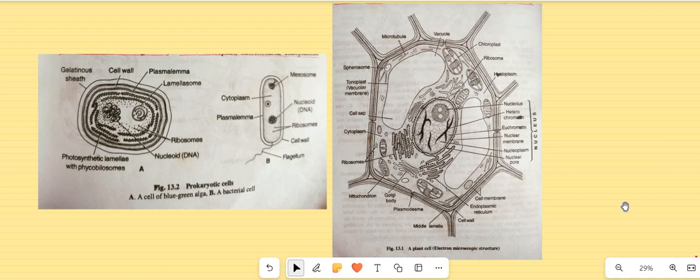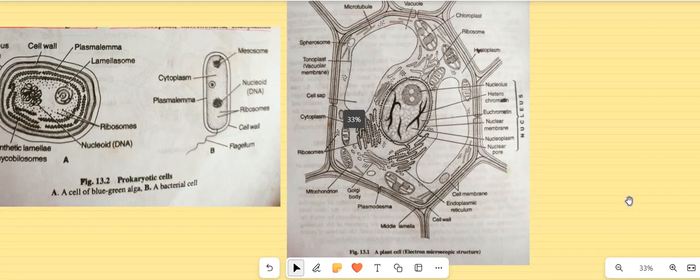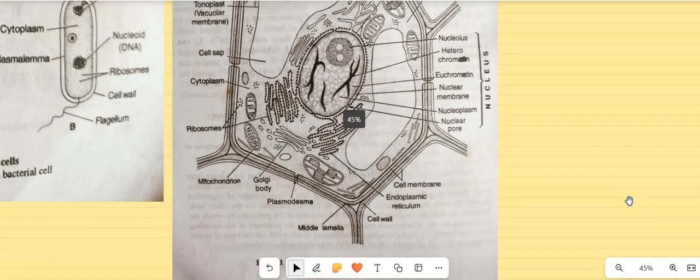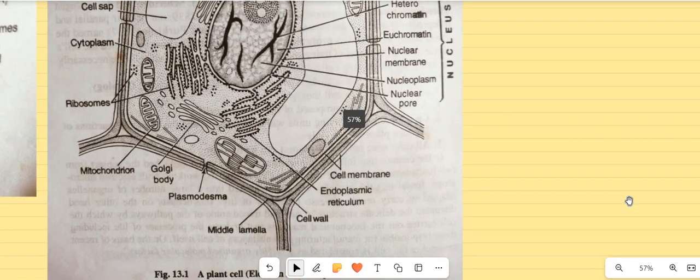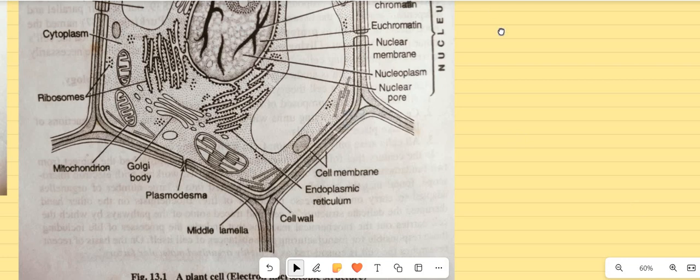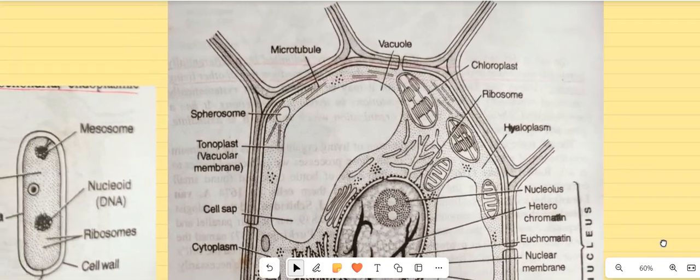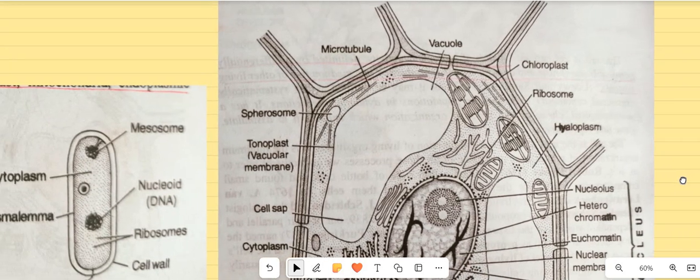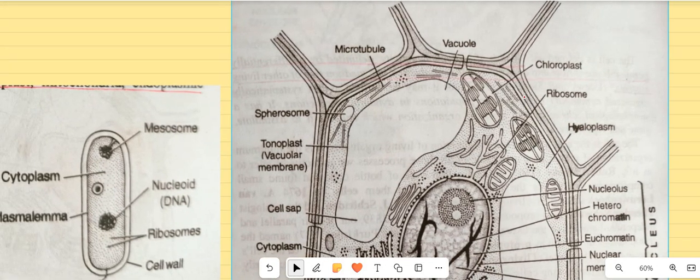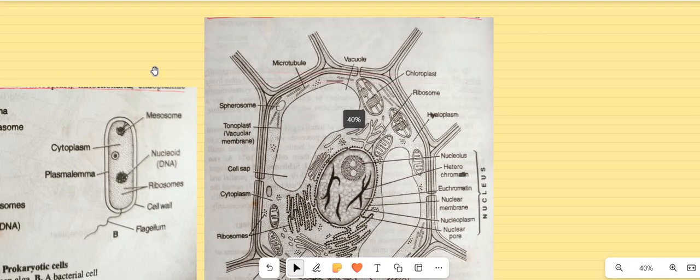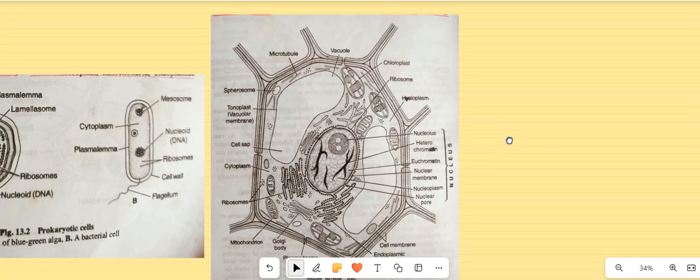Here you can see a very detailed, defined structure by which you can draw your diagram. This will help you to score good marks. Here you can see all the organelles in a very defined manner. So just pause your video and draw these diagrams in your notebooks.